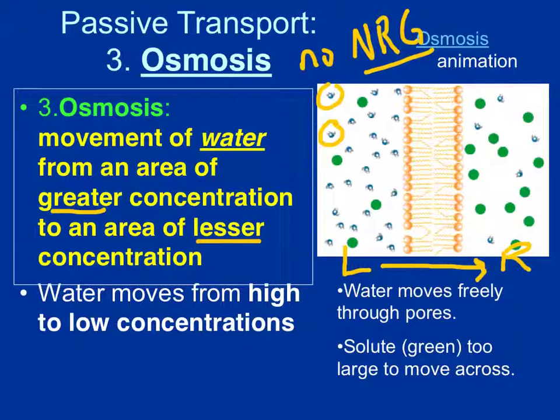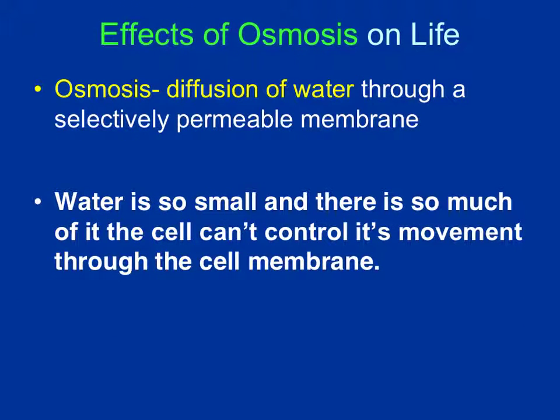Why? Because they're in a higher concentration on the left-hand side than they are on the right-hand side. And water molecules, just like other molecules, are going to want to spread out. So again, remember that it's simply the diffusion of water. That's the definition of osmosis, diffusion of the water.